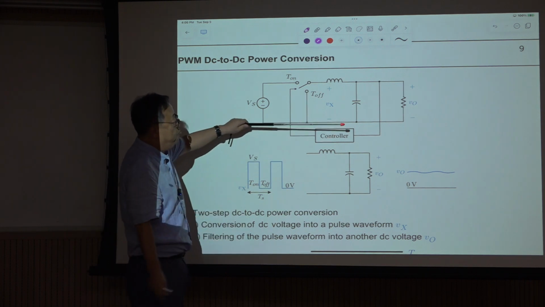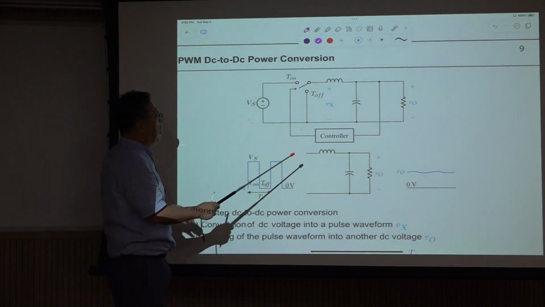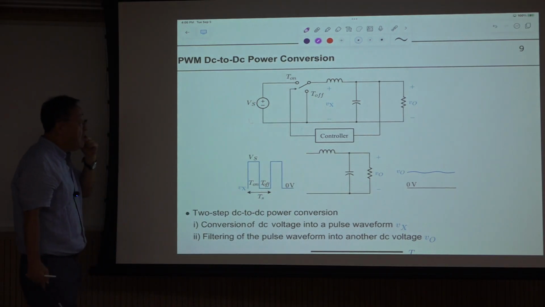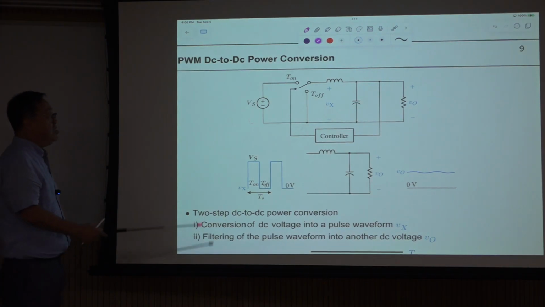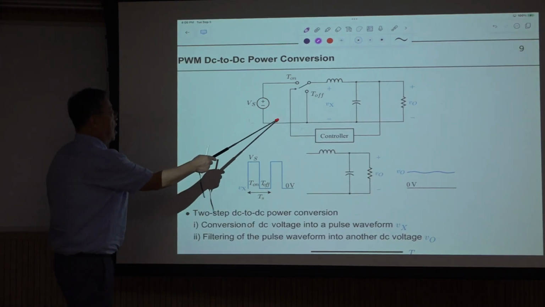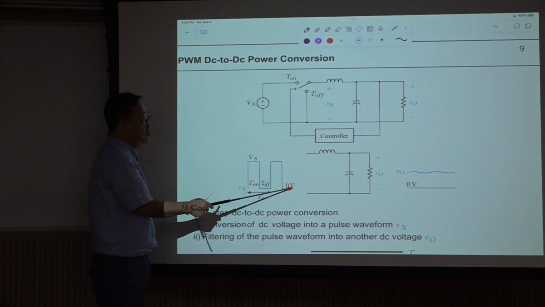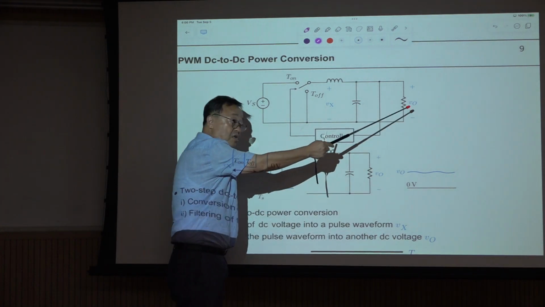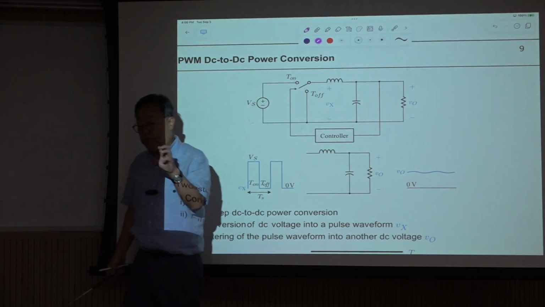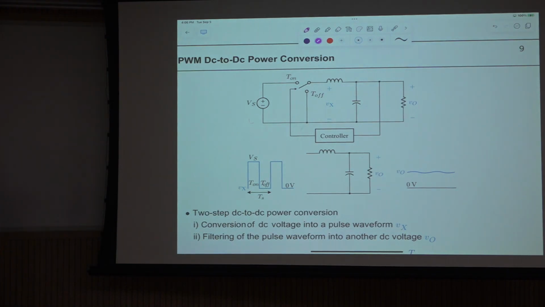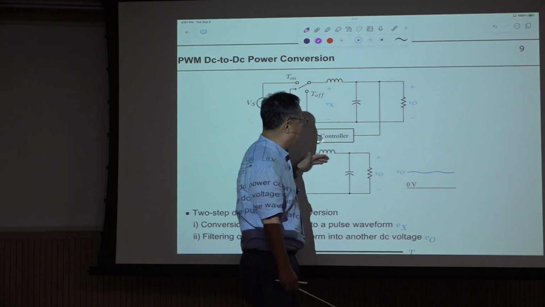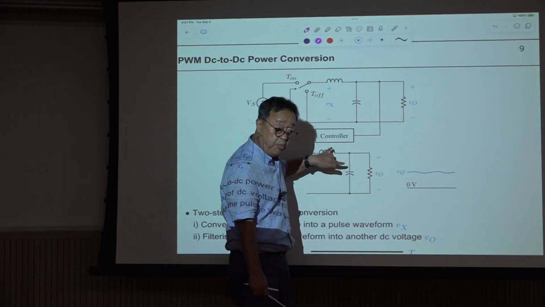Now we assume a pure resistor as a load, and the part in between is called the PWM conversion circuit, or PWM converter. The basic principle is that this DC is converted to these pulsating waveforms, and using this LCR low pass filter, with the load functioning as part of the low pass filter, our voltage will be the average value of this, with some ripple component because of the non-ideal characteristics of the low pass filter.